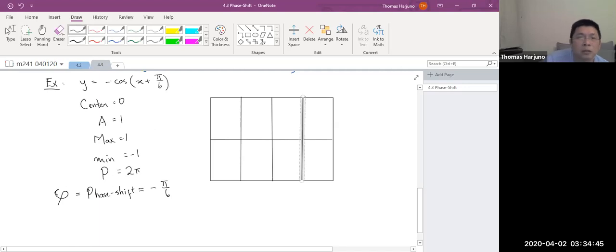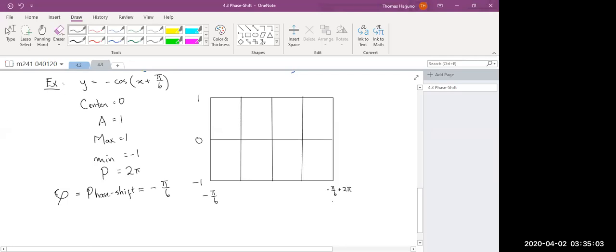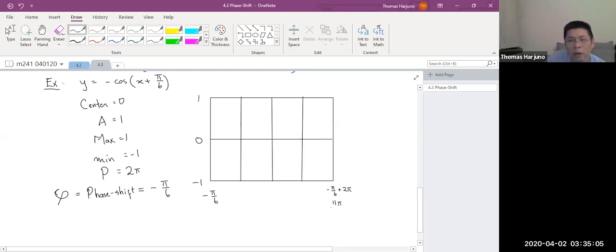The center is 0, maximum is 1, minimum is -1. I start from negative pi over 6. When I add 2 pi, it will be 11 pi over 6. That's right. I almost said 5 pi over 6, but no, it's 11 pi over 6.